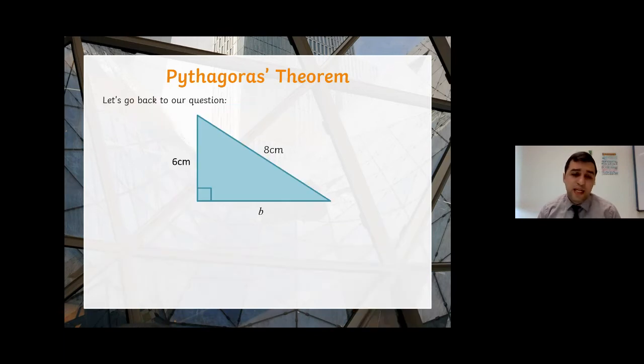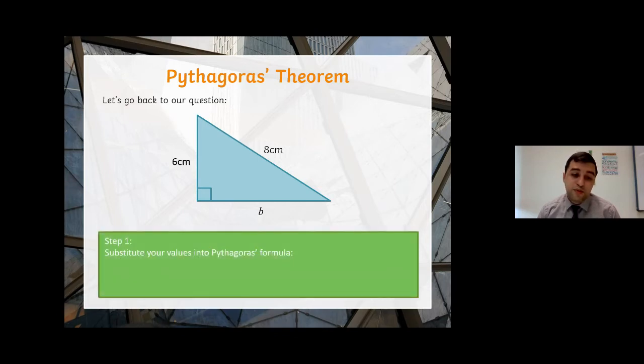For example, let's have a look at this question. Here we have one missing shorter side, b. Step 1, we should substitute our values into the rearranged Pythagoras formula, where we have two shorter sides. C squared, which in this case is 8 squared.